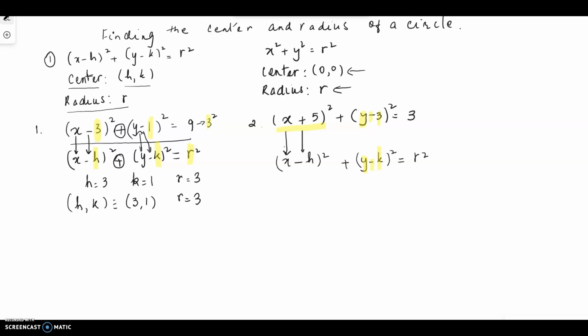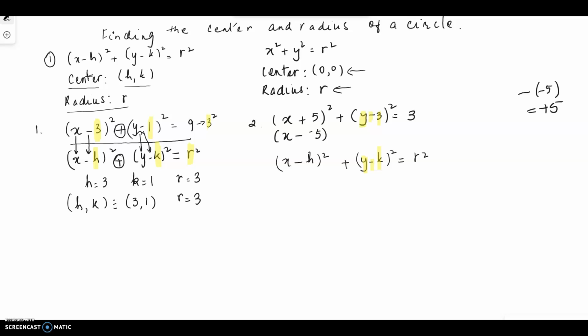So what do we do? We try to fix this equation to match the given pattern. So this is what we're going to do. We go x minus negative 5. Minus negative 5 is the same as positive 5.